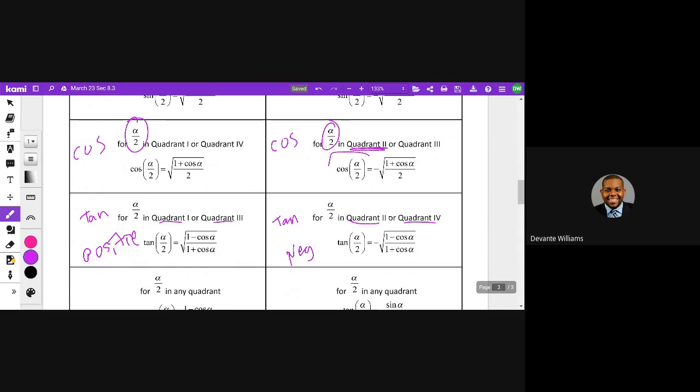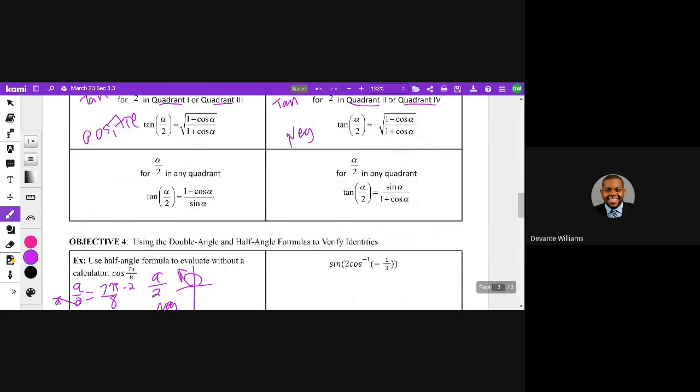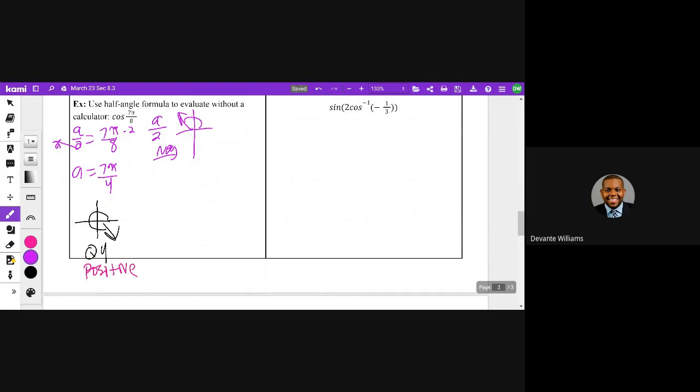All right. Always write the formula out, every time. We've got the cosine of 7 pi over 8. What formula are we going to use? Negative square root of (1 plus the cosine of alpha) over 2.